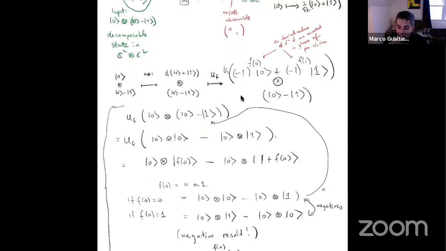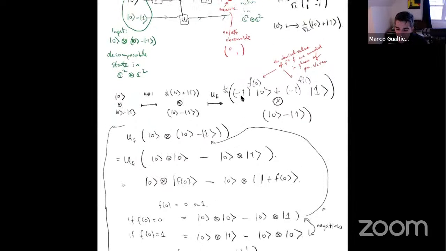So what you're starting to see is that you should think that 0 and 1 are like two classical states. It's like the cat being dead and alive, or the cat being hungry or full.